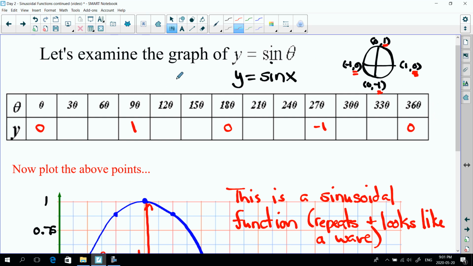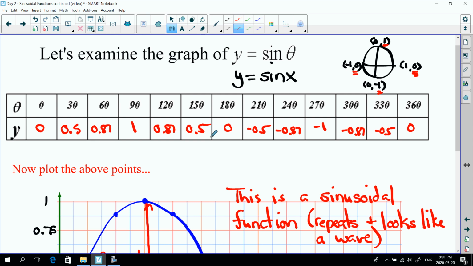Now, just for the sake of saving time, we'll fill these in. You can use your calculator to fill them in if you want. I'm rounding that to 2 decimal places as well. But this is what it would look like. And you can see in quadrant 1, sine values are positive.